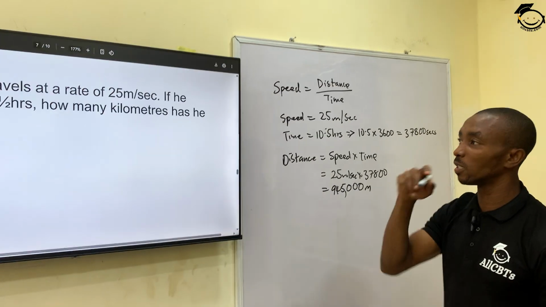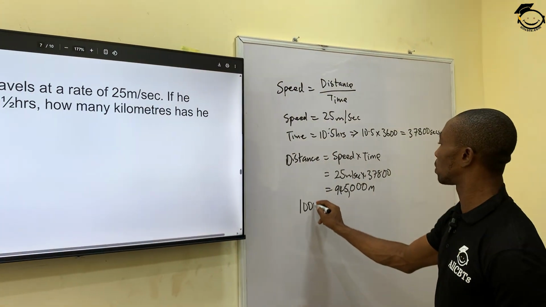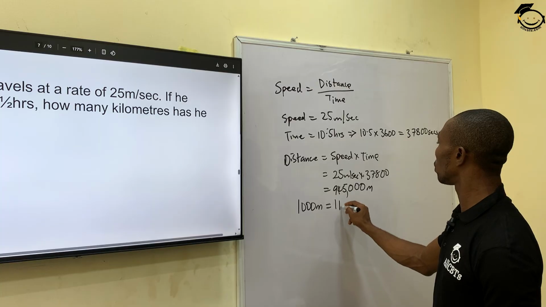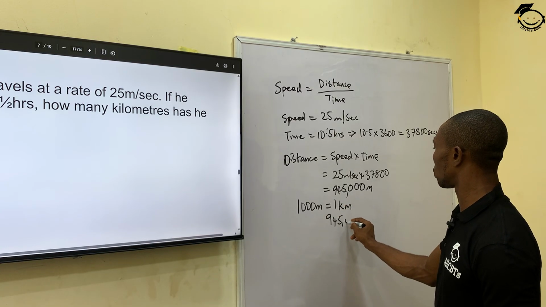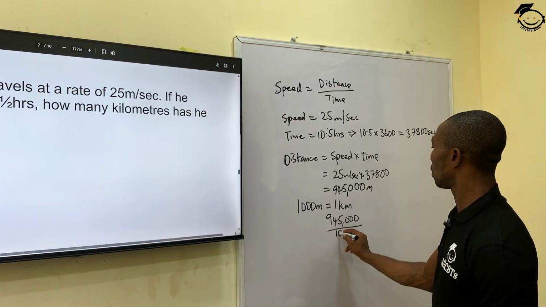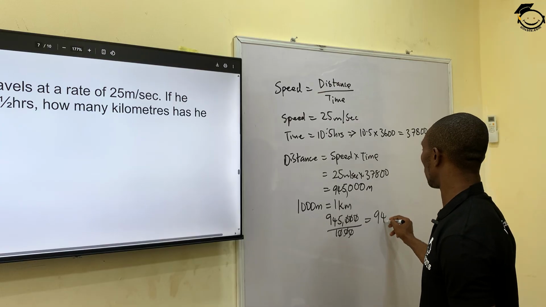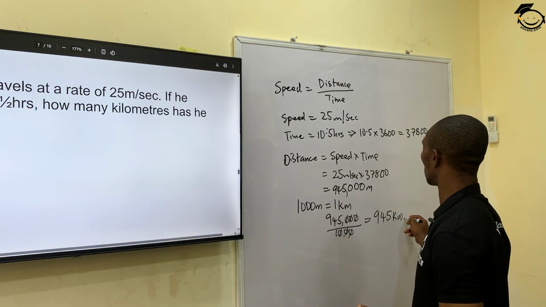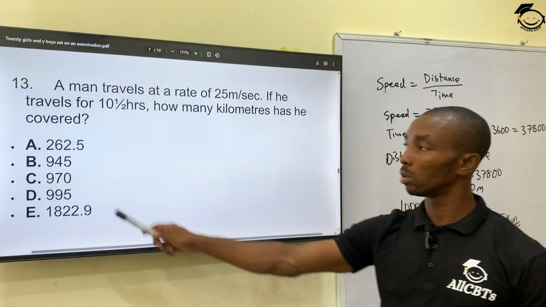Now they say find his distance in kilometers. So converting, we know that 1,000 meters equals 1 kilometer. So this will become 945,000 divided by 1,000, which will give us 945 kilometers. So that's the distance he has covered, which is option B.